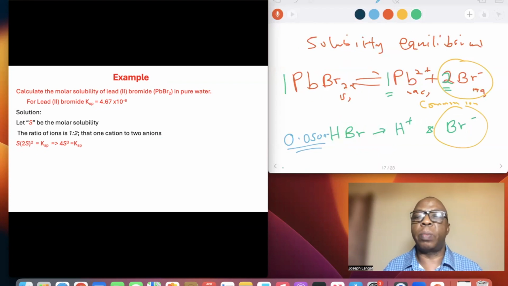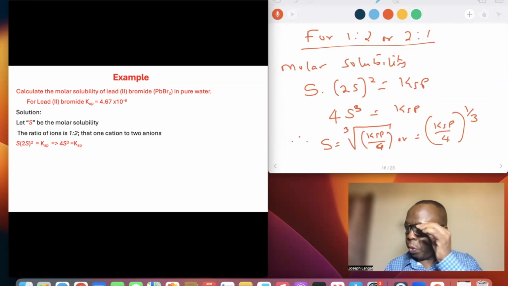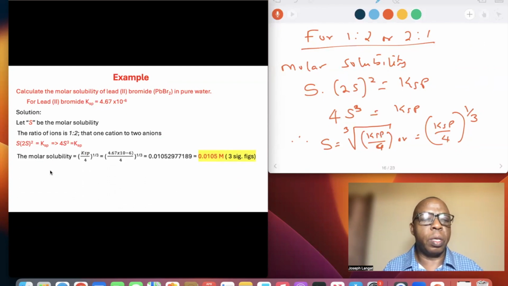Here is an example on the determination of the molar solubility of lead 2 bromide, given the Ksp value. You plug into the equation to get the molar solubility based on the equation given here.